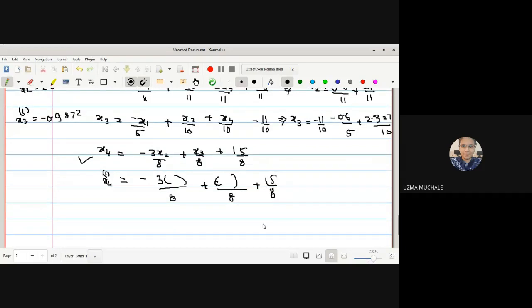Okay, so in this way, the first approximate value of x4 we are getting as 0.8789. Yes, you get the same value, x4 equal to 0.8789.